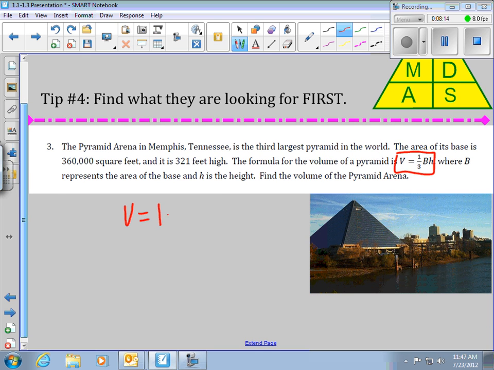Volume equals 1/3 base times height. So I'm going to say 1/3 times my base. Area of the base is 360,000 square feet. And the height, they said, is 321 feet.